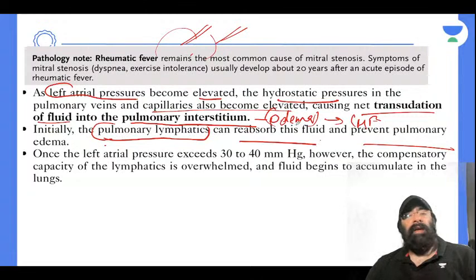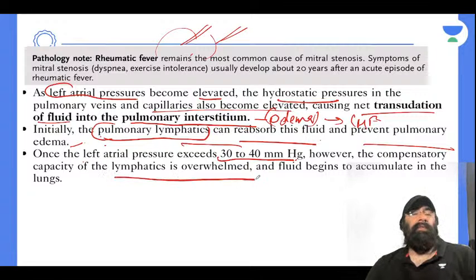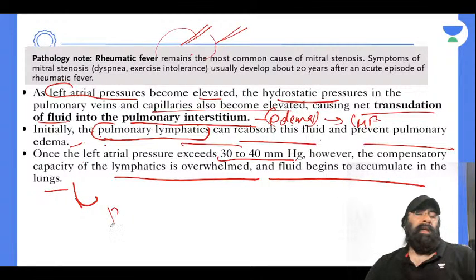But after a while, pulmonary edema will set in, and if the left atrial pressure exceeds 30 to 40, the compensatory capacity of the lymphatics is overwhelmed and fluid begins to accumulate in the lung, and ultimately the patient will land in congestive heart failure.